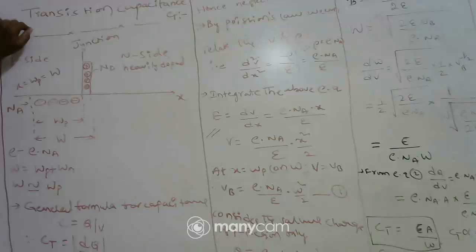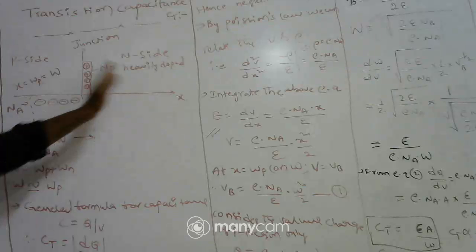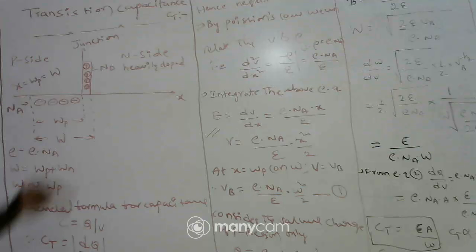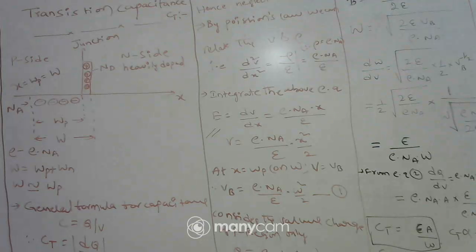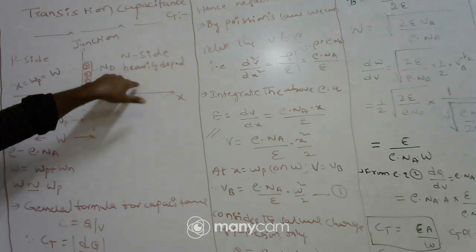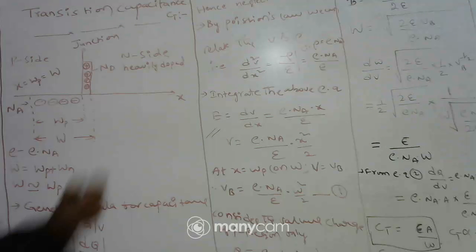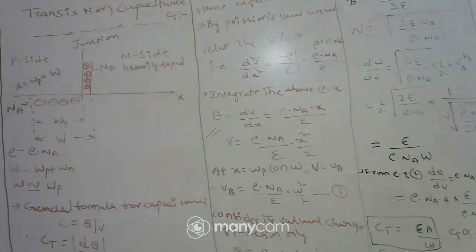Transition capacitance. This side is the p side and this side is the n side. Inside there are donor ions on the n side, and acceptor ions on the p side. The n region is a heavily doped region, so the donor ions are more compared to the acceptor ions.